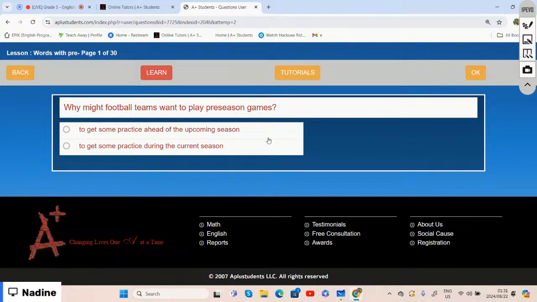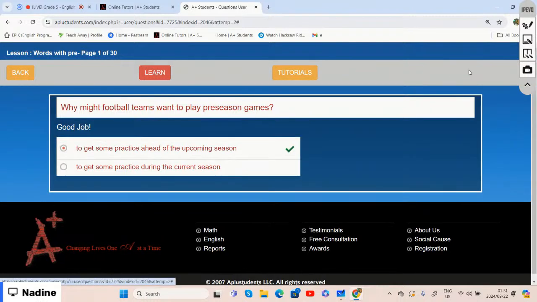All right, so pre-season games, it is to get some practice ahead. Yes, option one, ahead of the upcoming season. It's almost like practice to warm you up, you know, dust off all the stiffness, get yourself ready for when the official season starts. So yes, well done. Option one is correct.